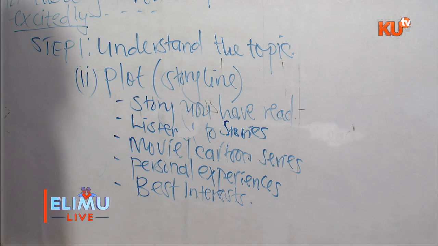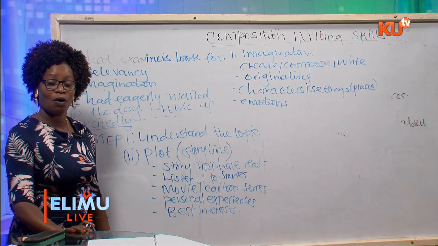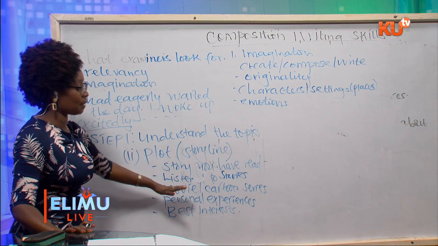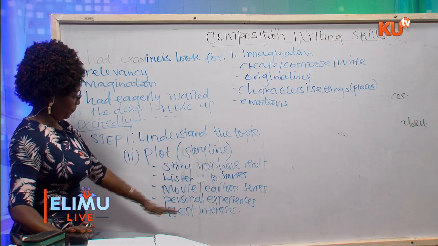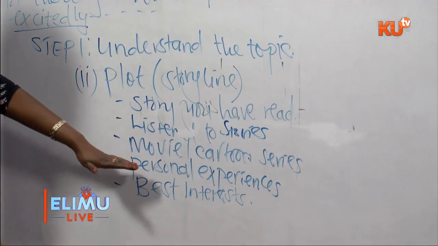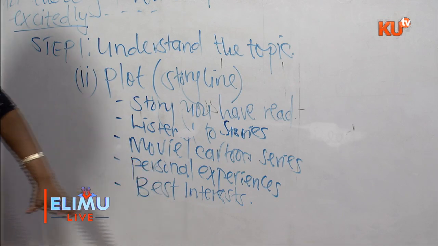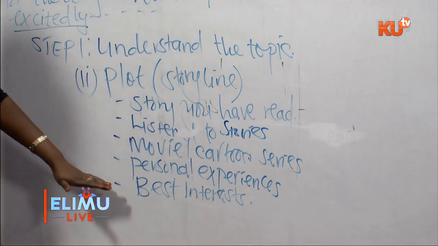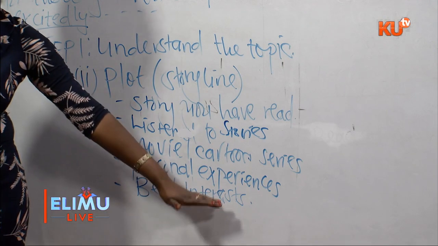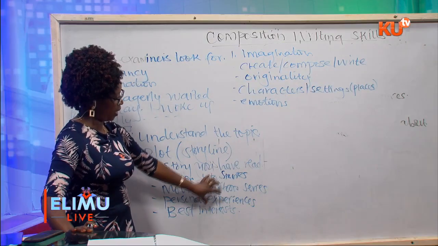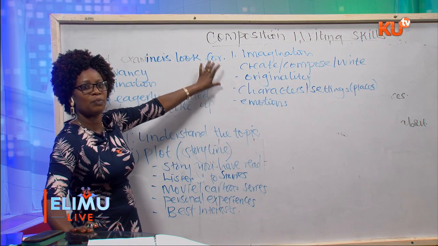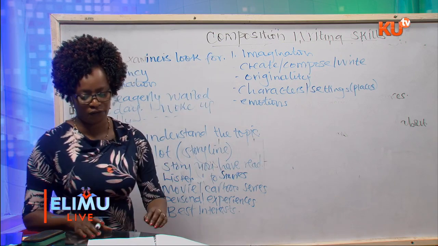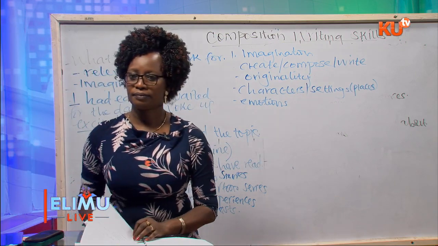You can come up with a story from a song. All those songs are types of plots. From your own personal experiences, or even other people's experiences, and also from your best interests. These are some of the ways that you can come up with good imaginative stories.